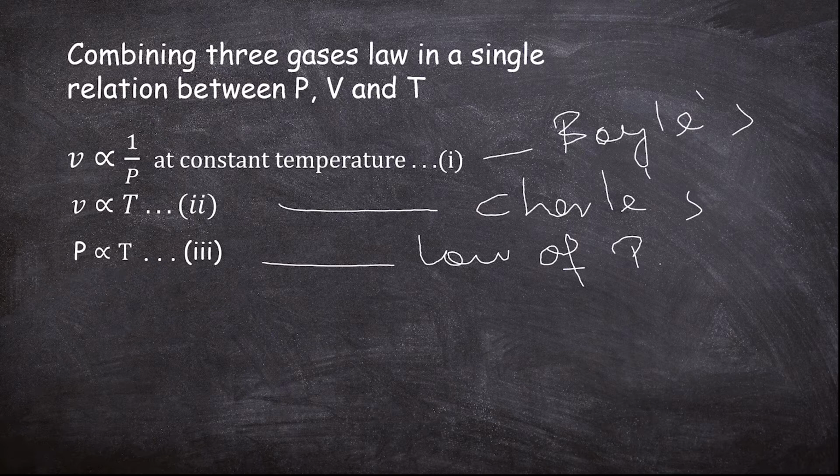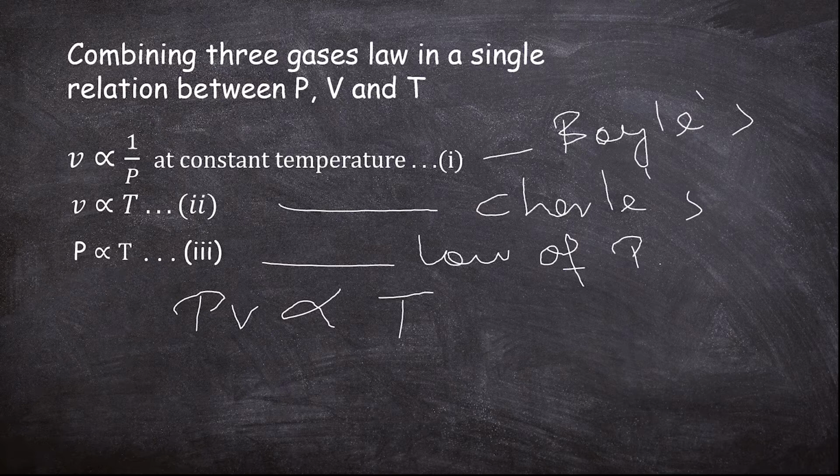In the third equation, the law of pressure, Lussac's law, pressure is directly proportional to temperature. So when the pressure increases, the temperature increases. Combining these three equations in pressure, volume, and temperature, we get PV directly proportional to temperature.